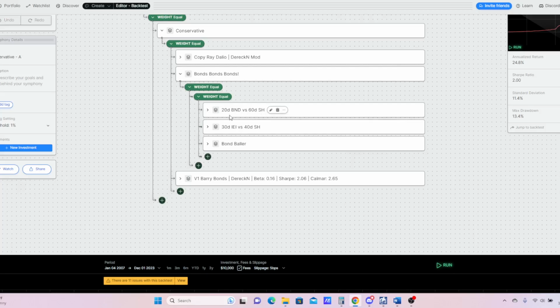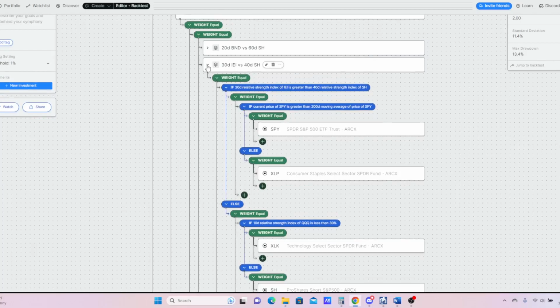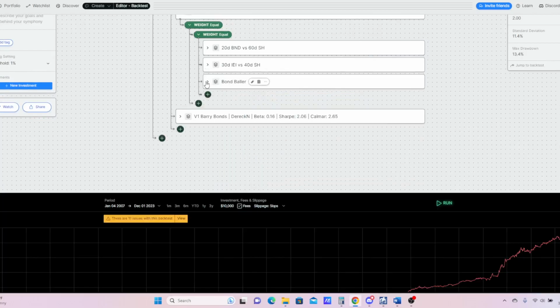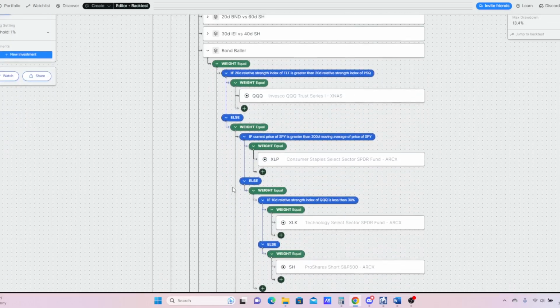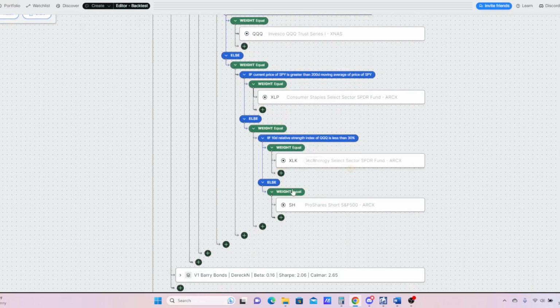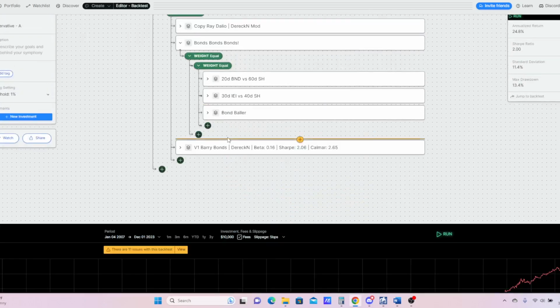So it looks at 20-day bond, 30-day IEI, which I think is a 3 to 7 year bond, if I'm not mistaken. And then Bond Baller. Again, there's not much to these, they're very simple. This one just has QQQ, XLP, which is consumer staples, and a technology ETF, and then an S&P 500 short inverse ETF. So that's those three.